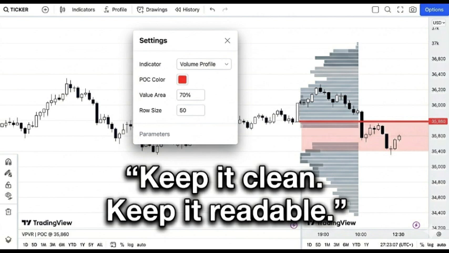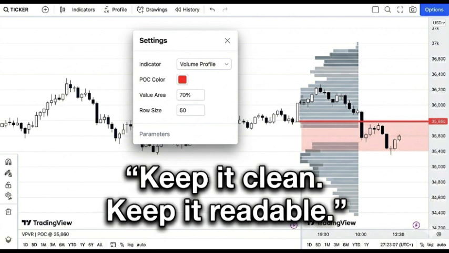If you are using TradingView, keep the chart clean and white. That is important. A white background makes the profile levels and candle reactions easier to read visually, especially in a tutorial. Use a simple candle style.